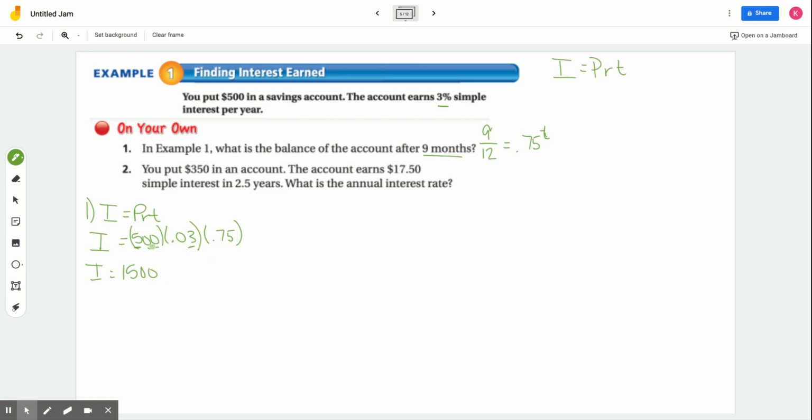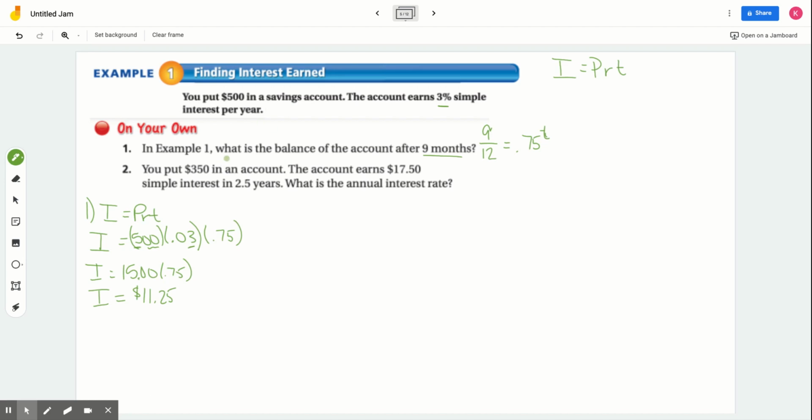And I have 2 digits behind my decimal point. So now I have 15 times 0.75. And I can now long multiply these to find my amount of interest. So my amount of interest here, when I multiply, is $11.25. So this is how much interest my account earns in the 9 months.